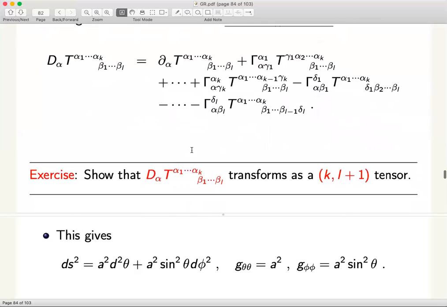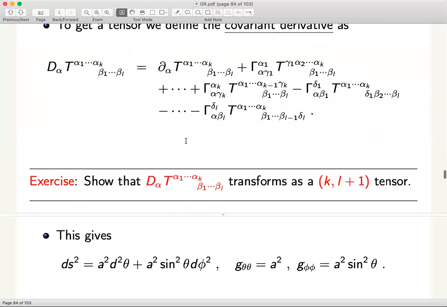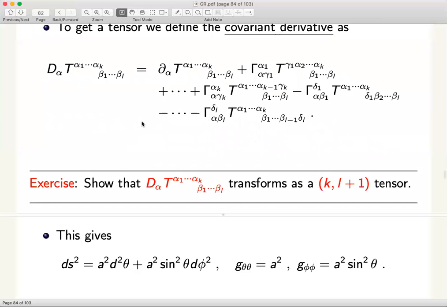Fine. So here is an exercise where you have to utilize certain properties. The first property you want to use is that T alpha 1 dot dot dot alpha k beta 1 dot dot dot beta L itself transforms as a rank k comma L tensor.